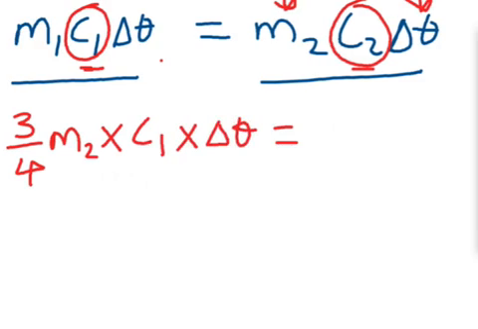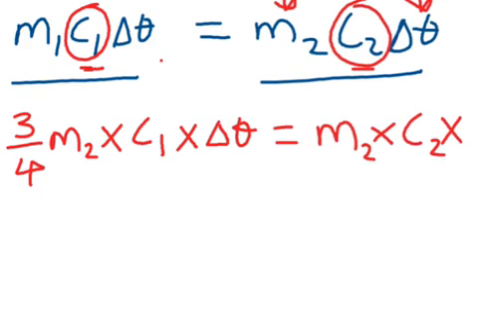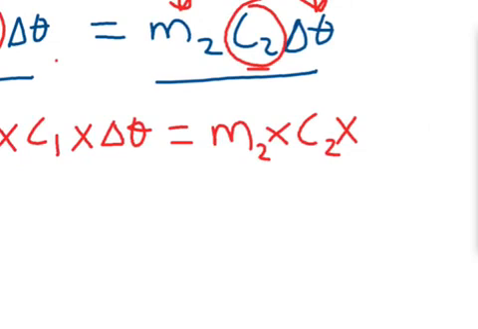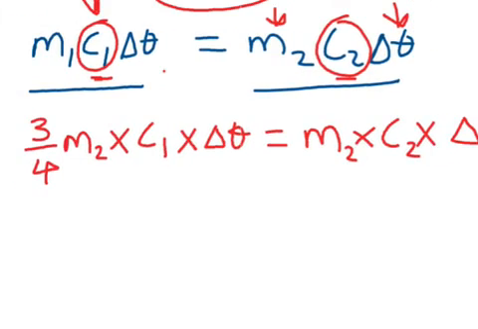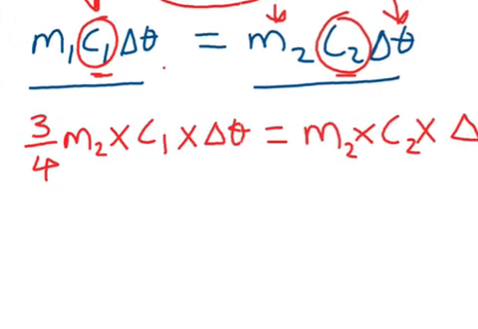Then for the second side, the mass is M2 and the SHC is C2, and the temperature rise or temperature change is also change in theta. So from this we can now find a way of writing C1 over C2. If we want to write something like C1 over C2, how do we do it? First of all, let's make this a bit simpler.